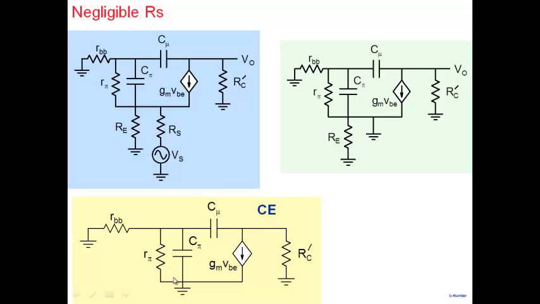If you go back and look at the equivalent circuit of common emitter, the emitter was of course ground. We were feeding in signal from here, and for both cases RS is negligible and VS is short. The two circuits are exactly the same, and they have the same upper cutoff frequency. No difference between common emitter and common base for negligible value of RS.